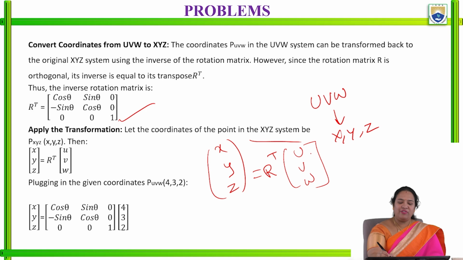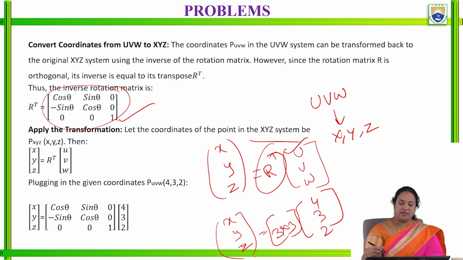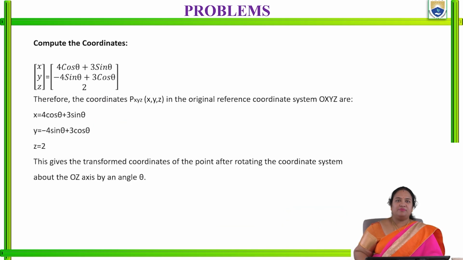So we already have the U, V, W values as 4, 3 and 2, right? The rotation transformation matrix is this particular 3 by 3 matrix, which we will insert here. Now from this we will find X, Y and Z. How will we find X, Y and Z?